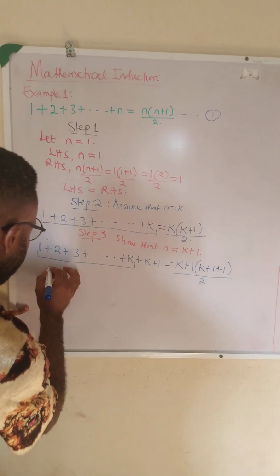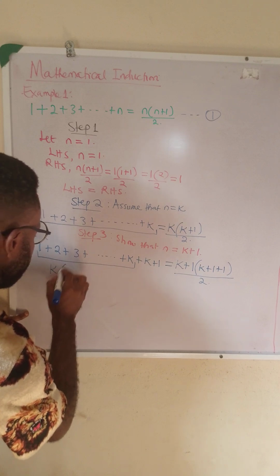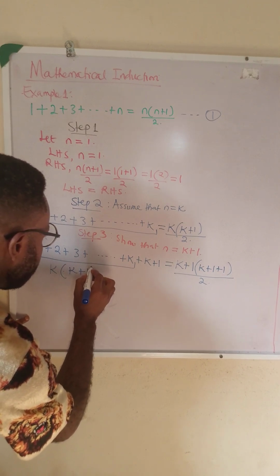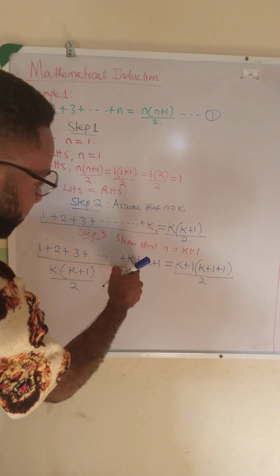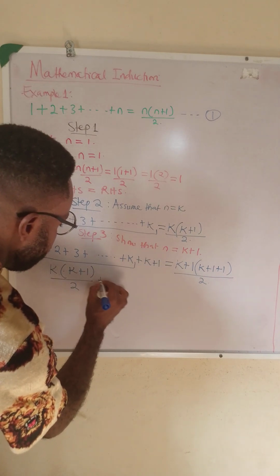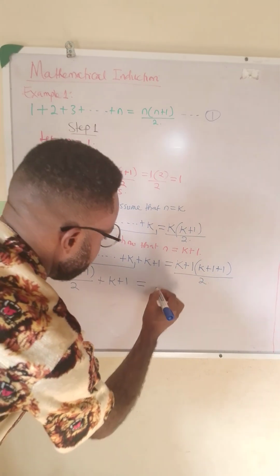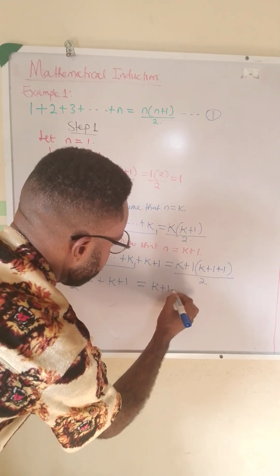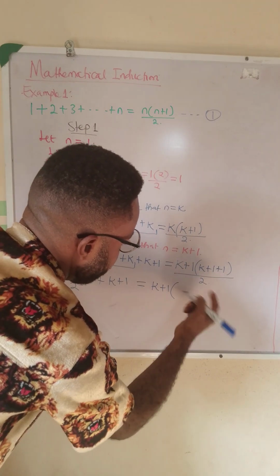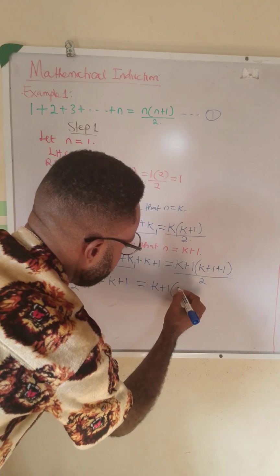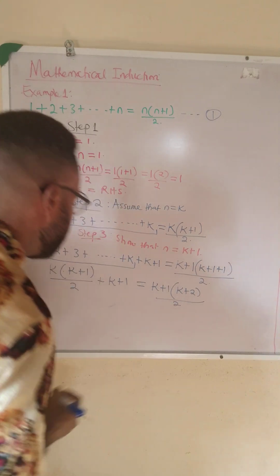So we are going to have k into k plus 1 divided by 2, representing from here to here. We can now add this plus k plus 1, equal to k plus 1 into k plus 1 plus 1 here, which gives us 2. So this becomes k plus 2, of k plus 2 divided by 2.